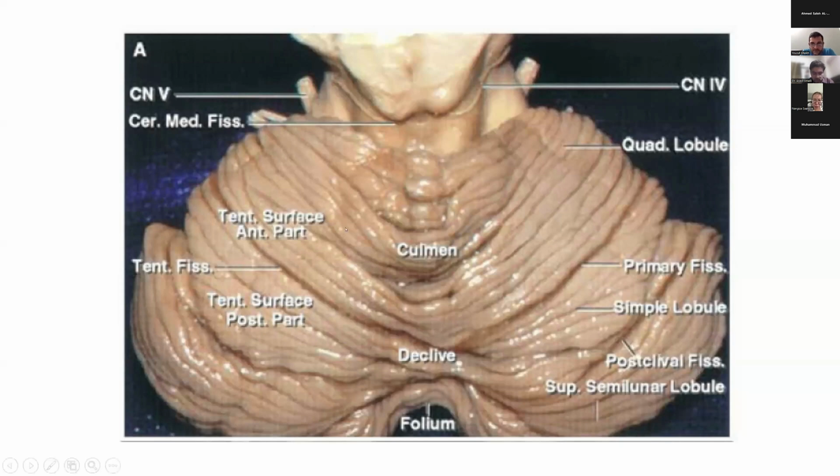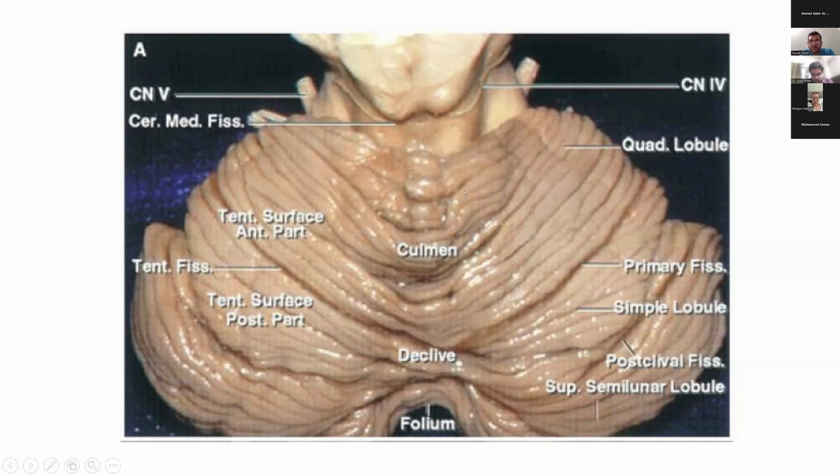On this surface, you can appreciate that the transition from cerebellar hemisphere to the vermis and then the cerebellar hemisphere is relatively smooth. There are fissures which go on in a continuous fashion, and there is a gradual transition.